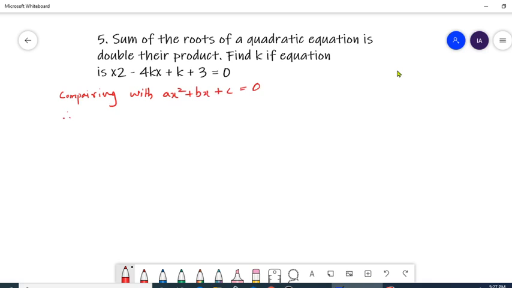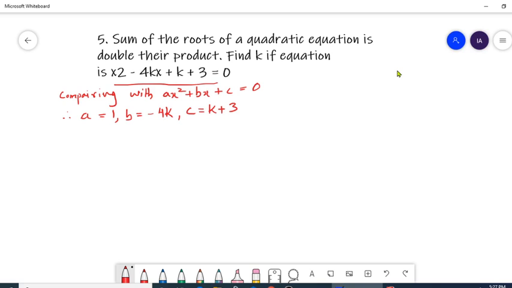So the value of a is 1, b is minus 4k, c is k plus 3. So these are the values of a, b, c from the given equation.